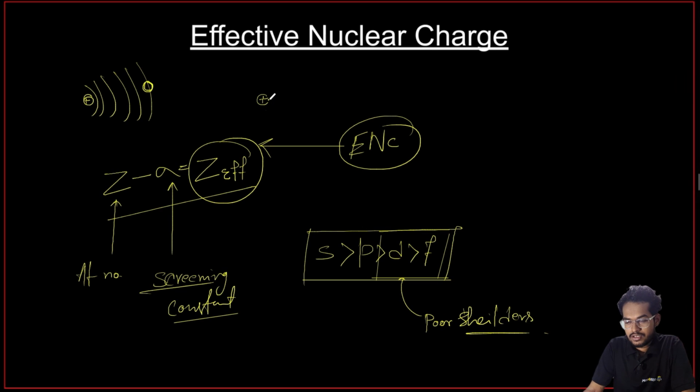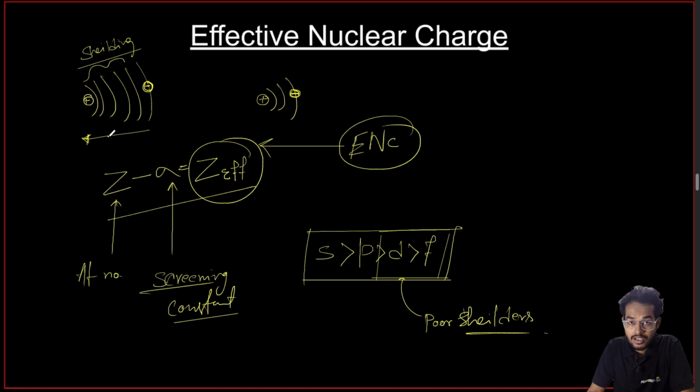And there is another species, this is a nucleus, and here is the electron. When this nucleus is attracting this electron, these all are shielding it. So it cannot pull it as hard as it wants to. But here you have just two orbitals. It can pull it much harder. So these are a good shielder.